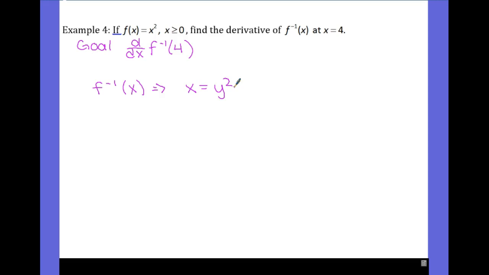Taking our derivative, the derivative of x is 1. Derivative of y squared is 2y dy dx. So dy dx equals 1 over 2y.